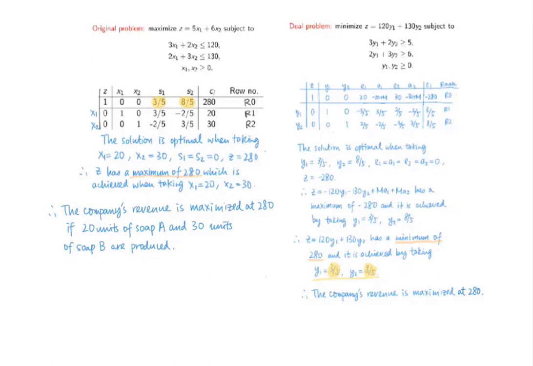For the dual problem, we obtain that z has a minimum value of 280 when taking y1 equals 3 over 5 and y2 equals 8 over 5. But since we know that the minimum value of z, which is 280 in this dual problem, is always the same as the optimum value of z achieved in the original problem, this value 280 still represents the company's revenue maximized at 280 euro.